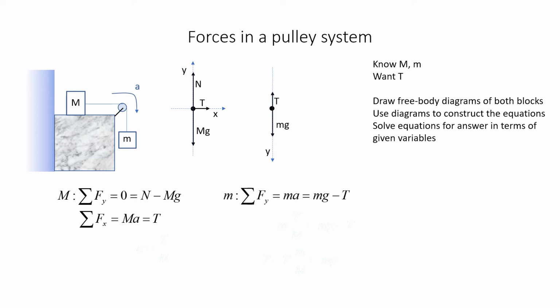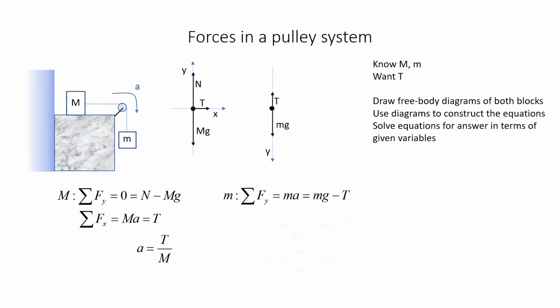I'm not going to use my equation in y for the large mass. I would need to use that if I was including friction in this problem. So I think what I'll do here is solve the x equation for the mass on the table for acceleration and substitute into the y equation for the hanging mass.